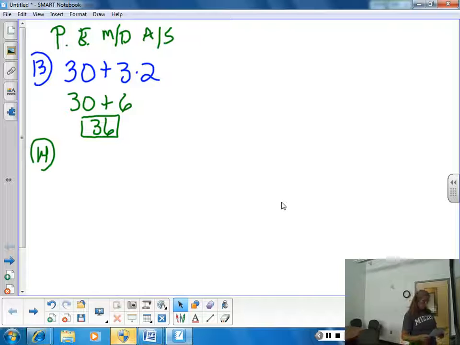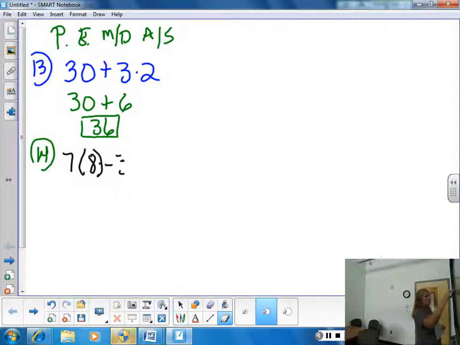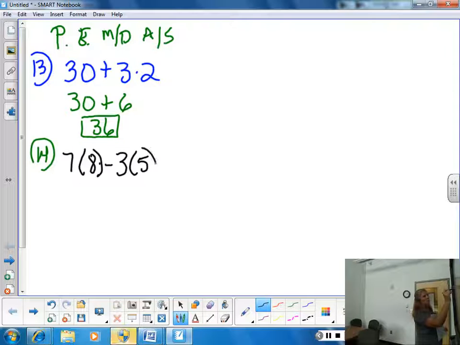Number 14 looks something like this. 7 times 8 minus 3 times 5. What do you have in this problem?